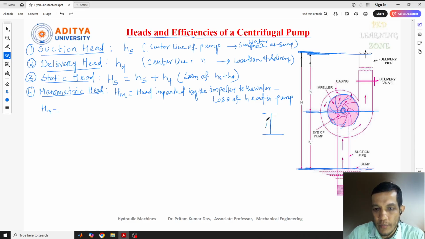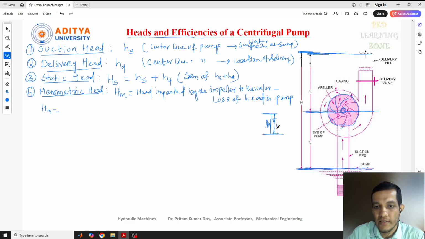So suppose this is our H, I'll write a normal H here. The water needs to be lifted from here and supplied up to this distance, but due to the losses, this much distance was not able to be delivered. Up to this distance only it can be delivered.